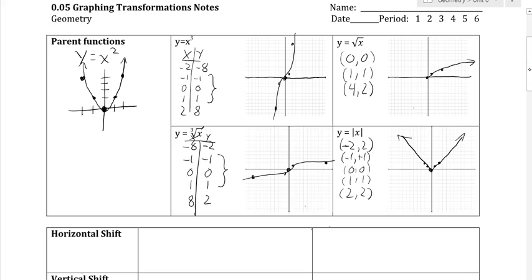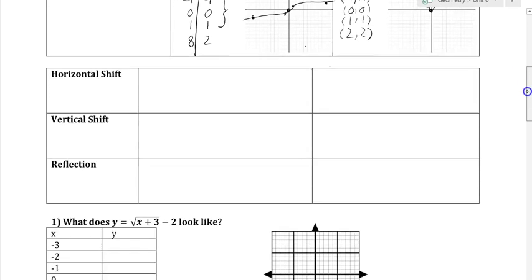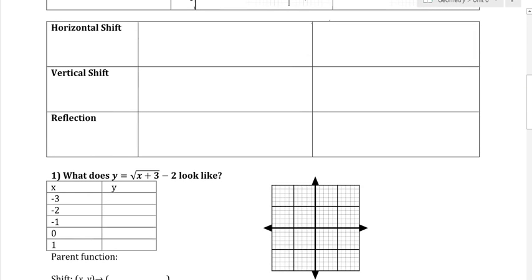The one from yesterday, y equals x squared, and our 4 new ones: y equals x cubed, y equals the square root of x, y equals the cube root of x, and y equals the absolute value of x. We're going to be doing the same things we did yesterday: shifting them horizontally, shifting them vertically, reflecting them.